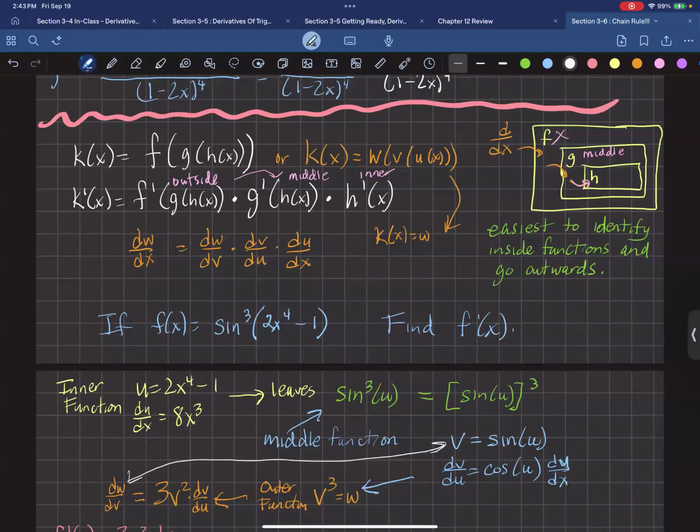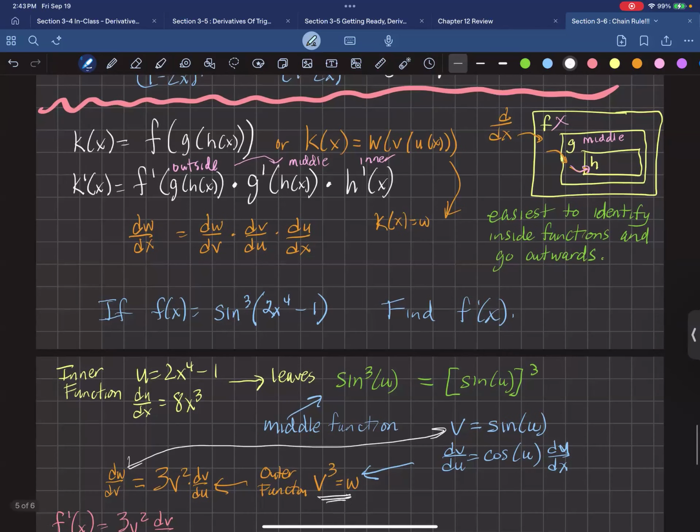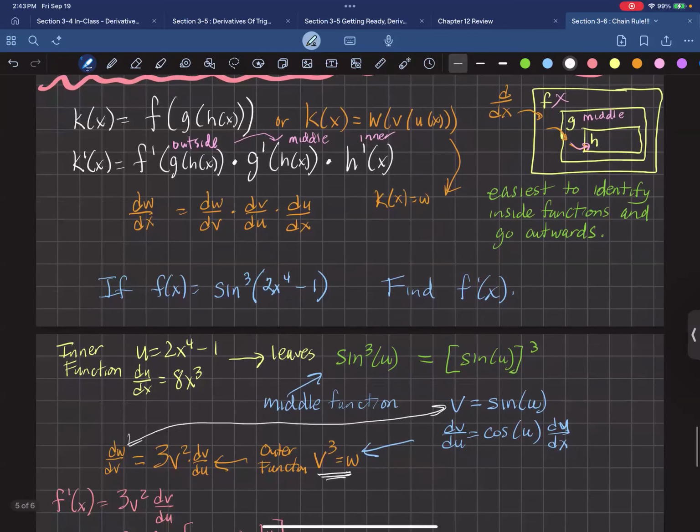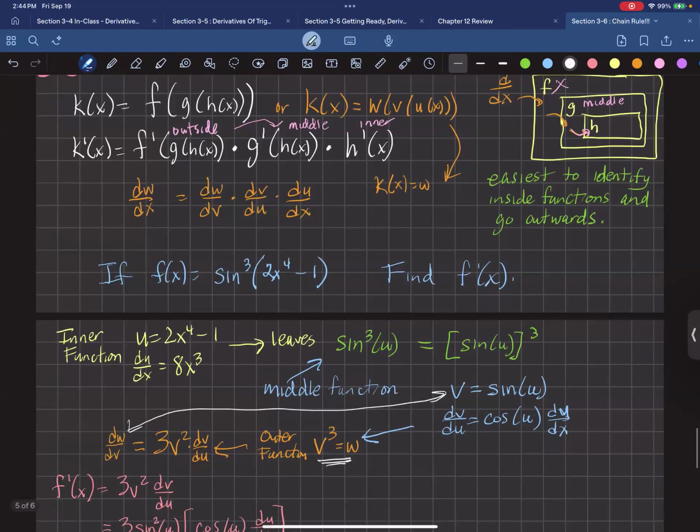So w was v cubed. I wrote it in a weird order here, but if I take the derivative with respect to v, I've got dw dv equals 3v squared times dv du. And dw dv is my f prime of x. I was just showing that subpart there. Sorry, dw dv is that. So f prime of x is going to be 3v squared times dv du.